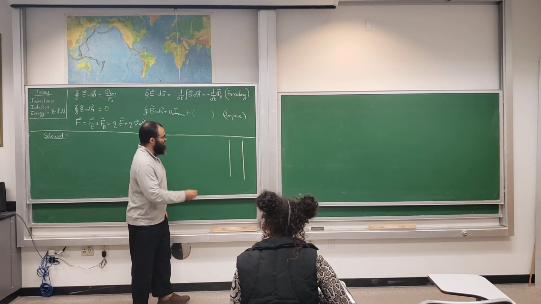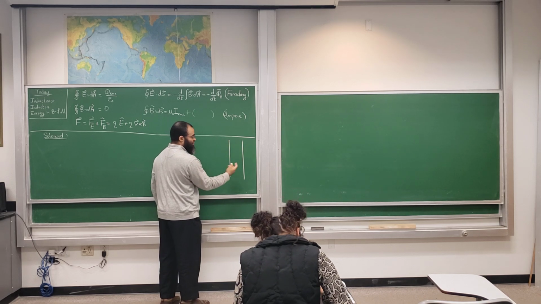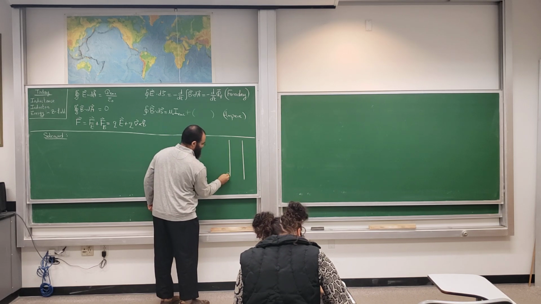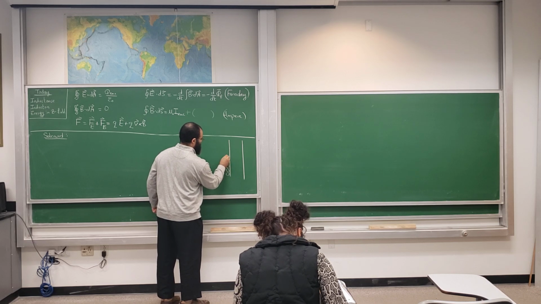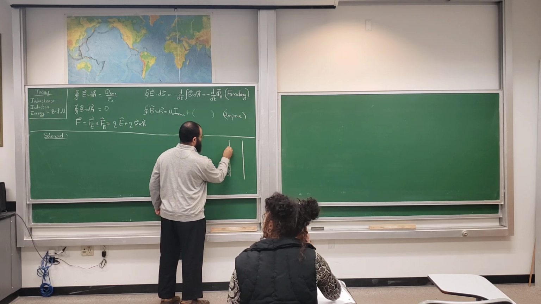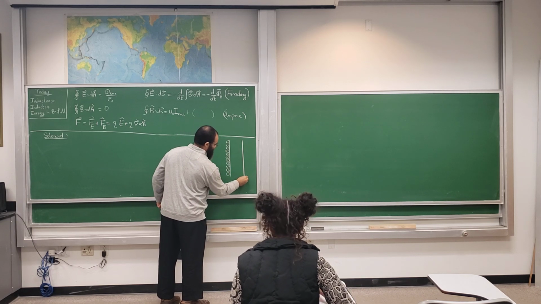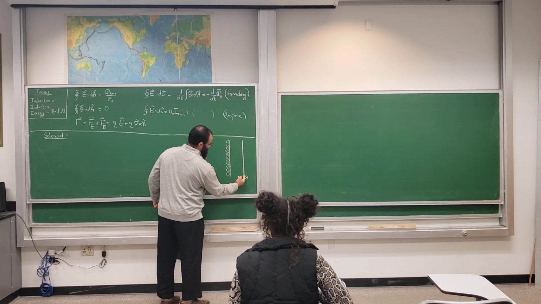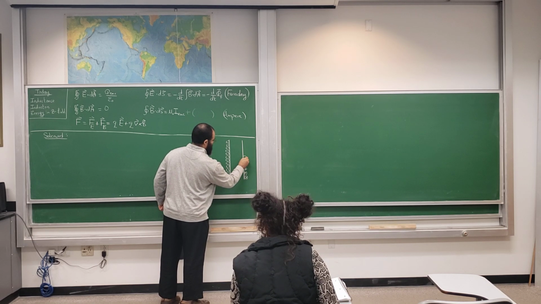Solenoids are long. And the current will go around like this. So every time the current comes out, it goes in.